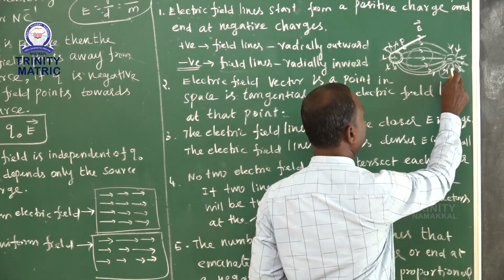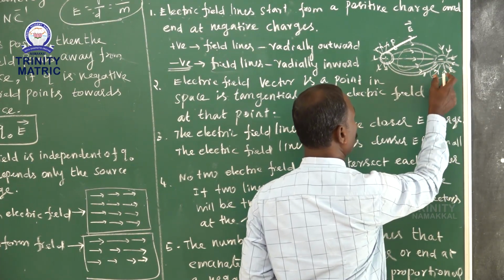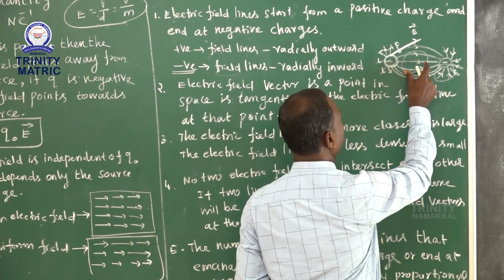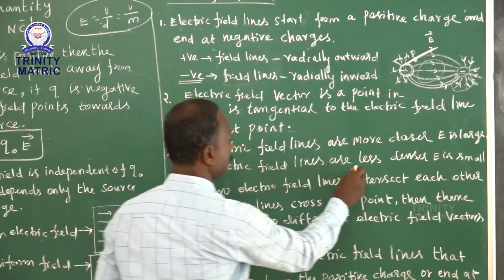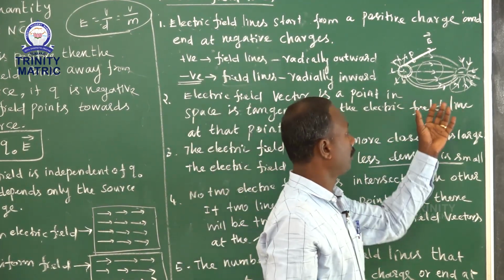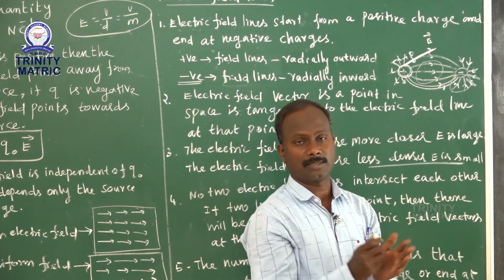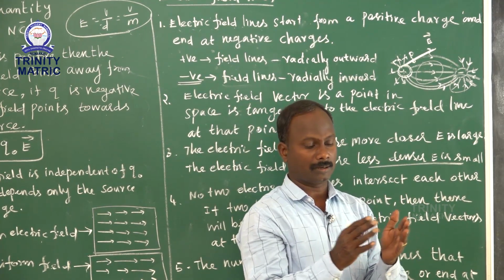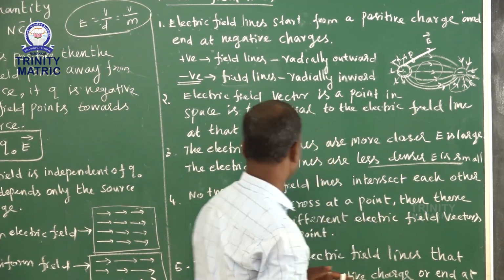So the electric field is very large when the lines are closer, and when the lines are far away, they are less dense and the electric field is small.